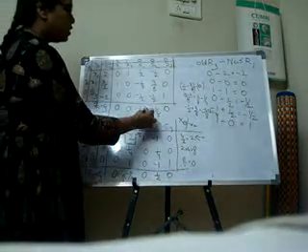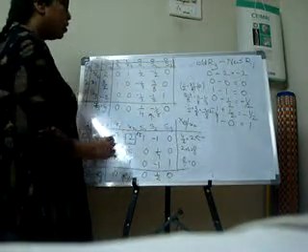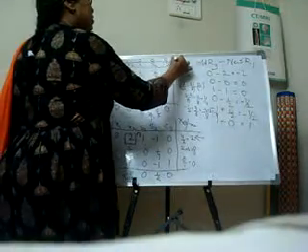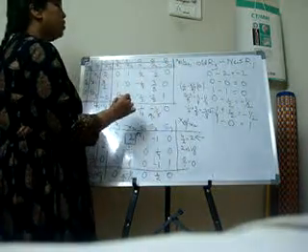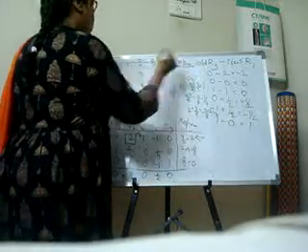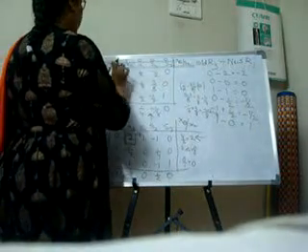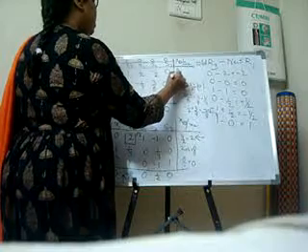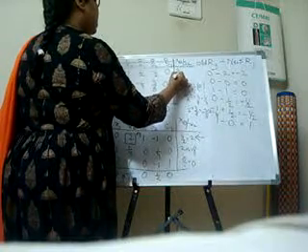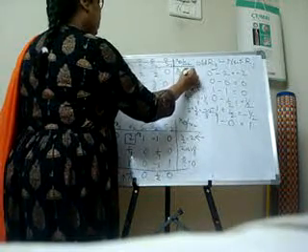Now the most negative one is this one. This will enter. That means xb by s2. So what is xb by s2? 2 divided by minus half, which is minus 4.